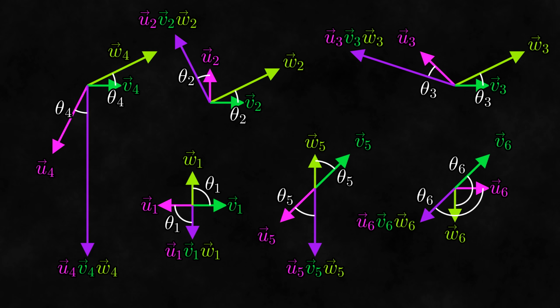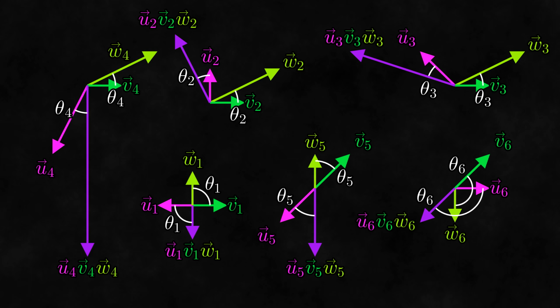For example, in the first case, the angle between v and w is a right angle, and the angle between u and uvw is also a right angle. In most of these cases, I purposely made the angle small to make this easier to recognize, but even in the last case, where the angle is much larger, you can see that the angle between v and w is equal to the angle between u and uvw.